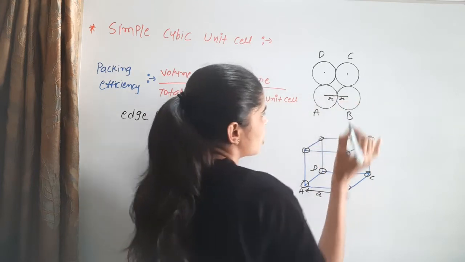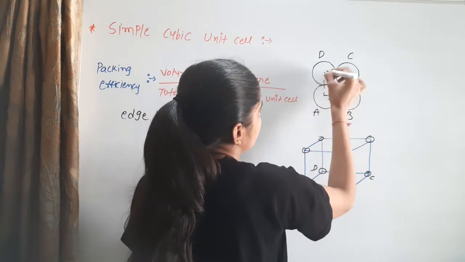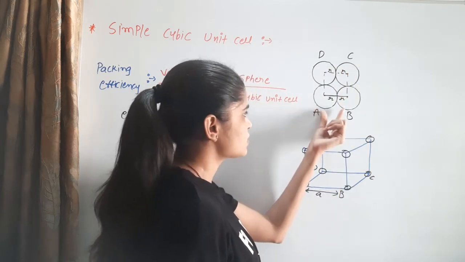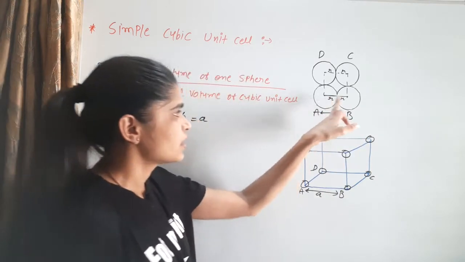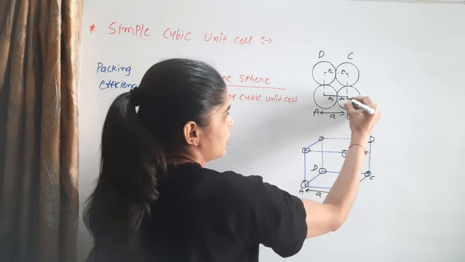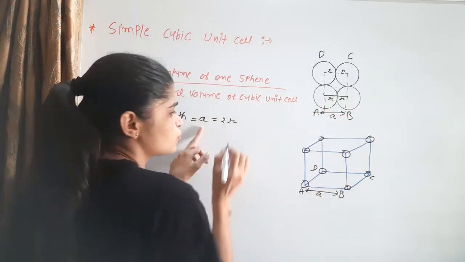This is also r. That way, r and r, and this is a. So we write that a is equal to 2r.